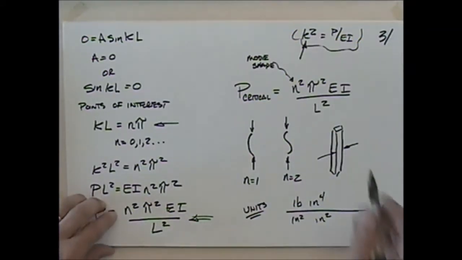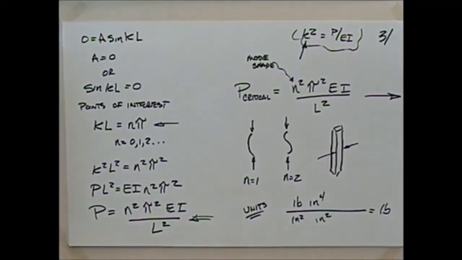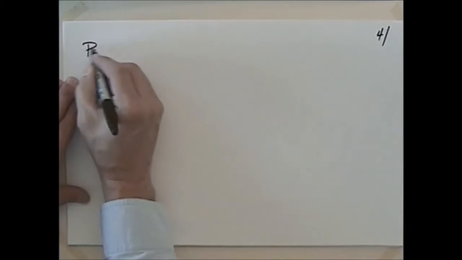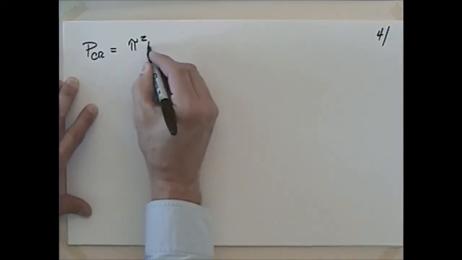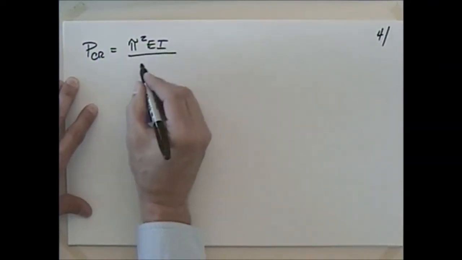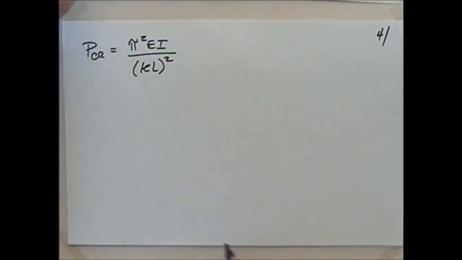Now, we change this equation a little bit. So those of you that go into practice will probably look at the equation a little bit differently. And you'll say that our critical load is equal to, you'll leave the n off and you'll just go with pi squared EI, and then you're going to divide this by this term KL quantity squared. Okay, so how much did that change?